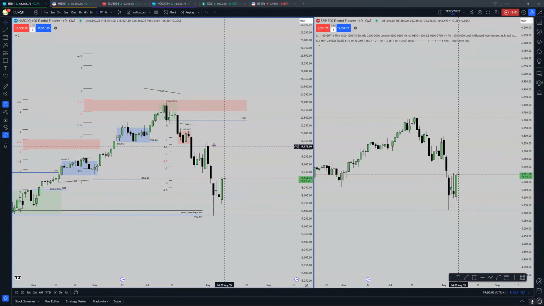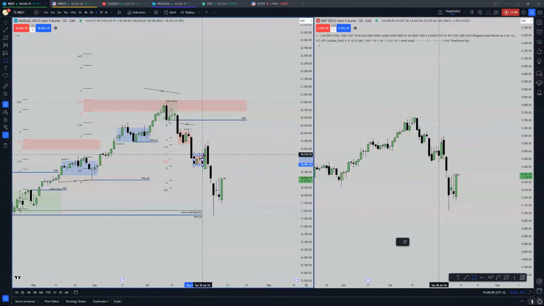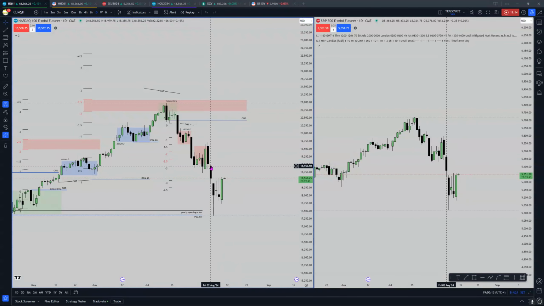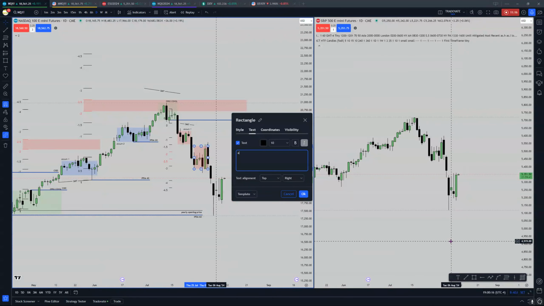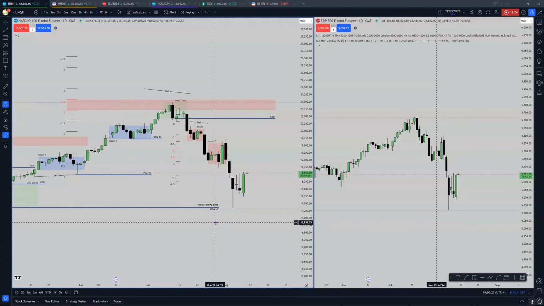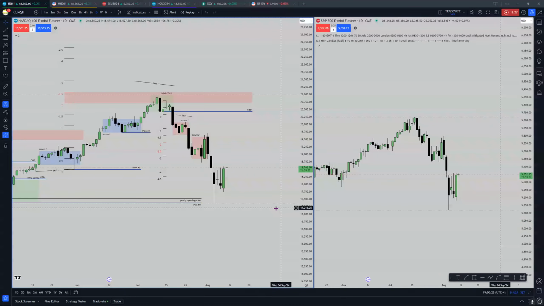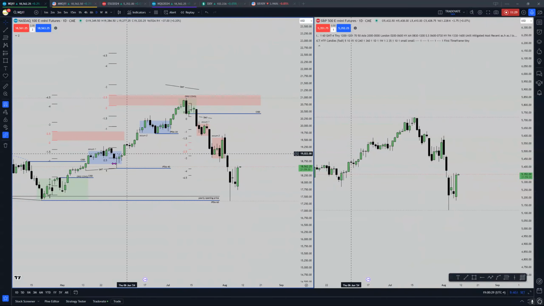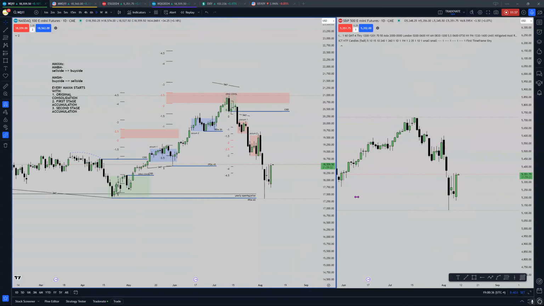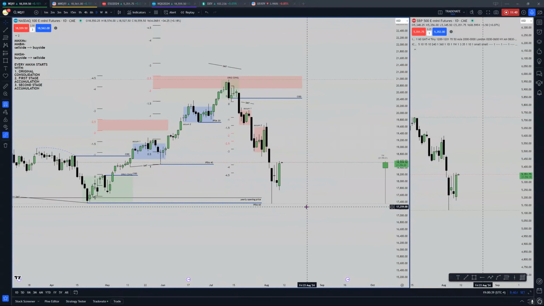SMT, accumulation, expansion, reaccumulation up here, and expansion into our IPTA 60. So this is your full daily market maker model going from a buy program, forming the reversal, into our sell program.